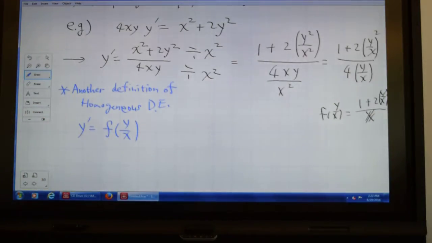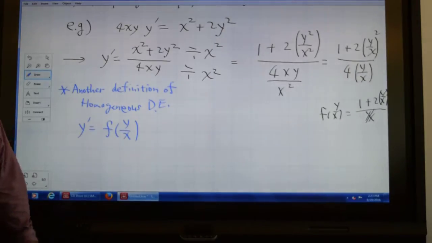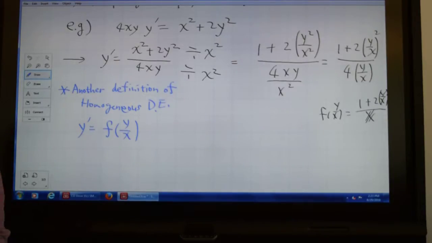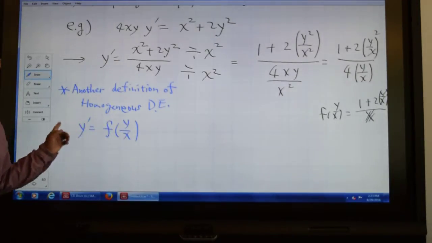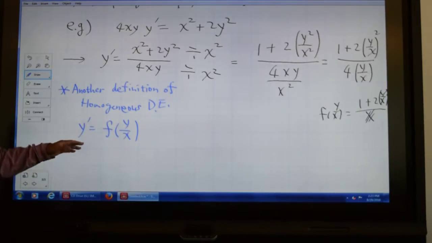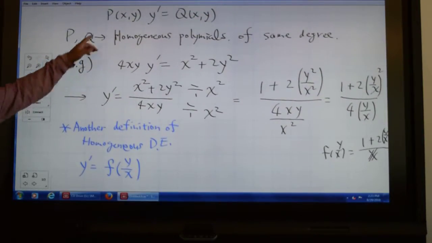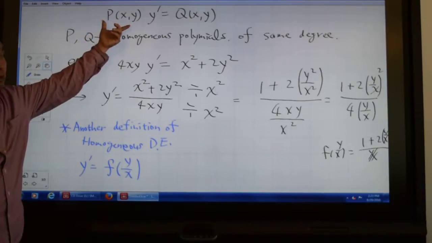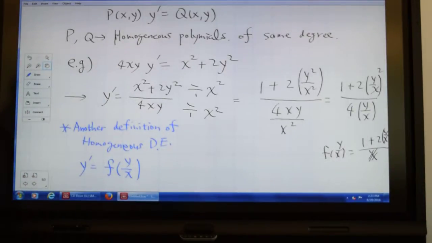If you can turn your differential equation into that format, then it's called a homogeneous differential equation. And by the way, this is the definition most differential equations books take. But I think it's easier to understand in the other format. So I like that definition more because here's a homogeneous polynomial, another homogeneous polynomial, and you get that.